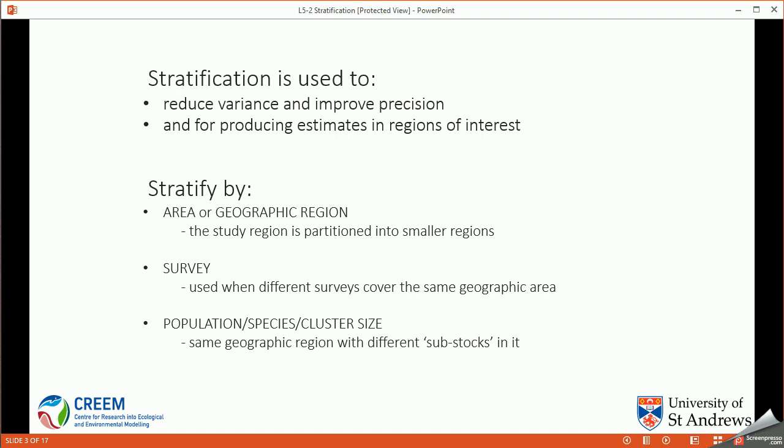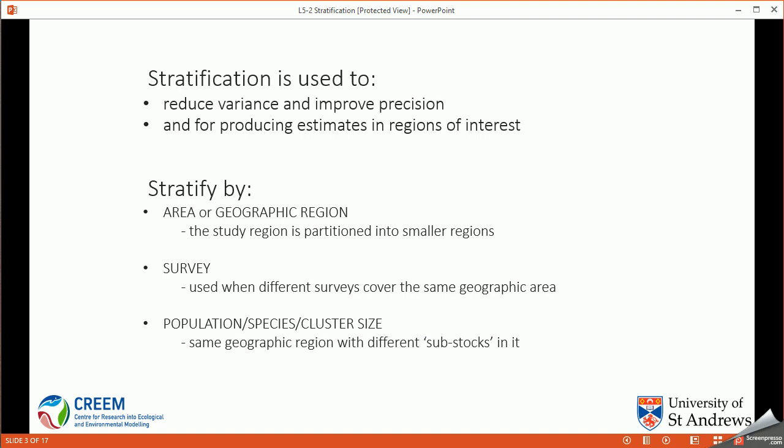Usually you do, say, 2 surveys of the same place at different times, and the first time you go is stratum number 1 and the second time you go is stratum number 2, even though both are covering exactly the same region. And the third kind is you can stratify by something associated with the individuals that you're surveying.